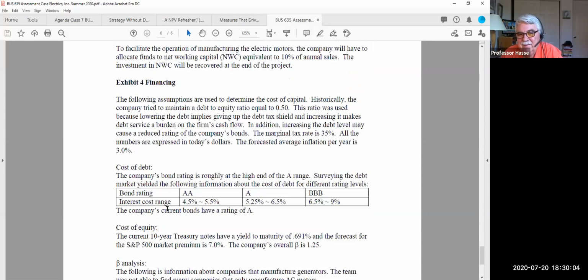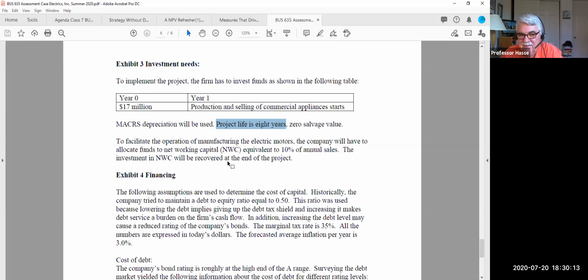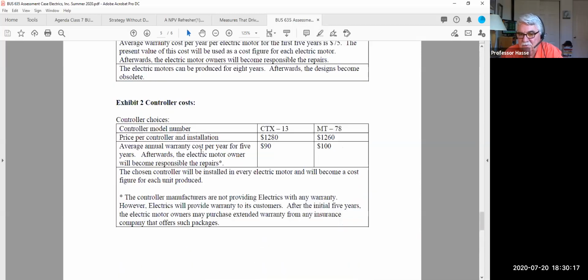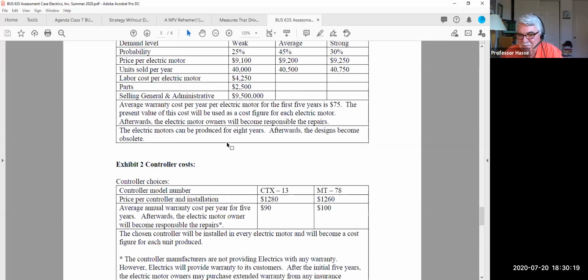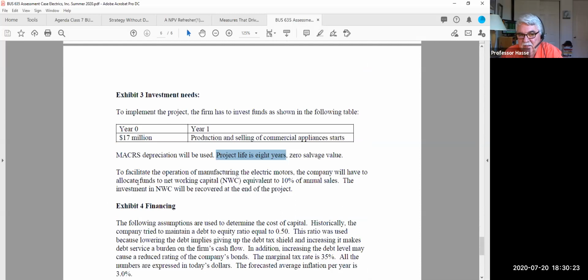That, along with determining your cost of capital, probably are the two most difficult parts of this case to put together. But really, and I'm not saying this to be a jerk, and you guys are going to think I am, when this is all said and done and you look at this, it's very easily determined. It makes sense. The investment is $17 million. That's your investment.